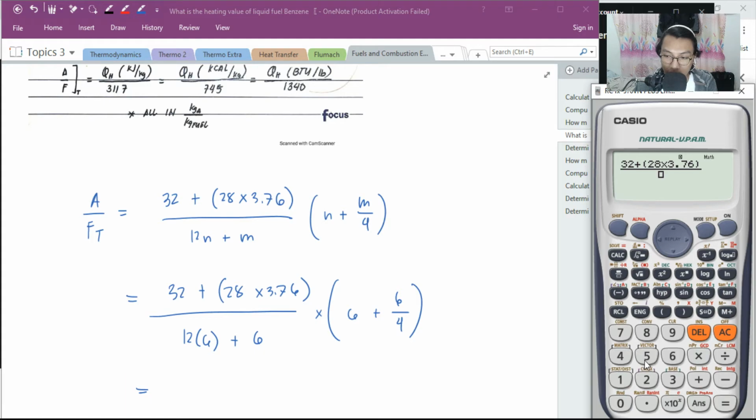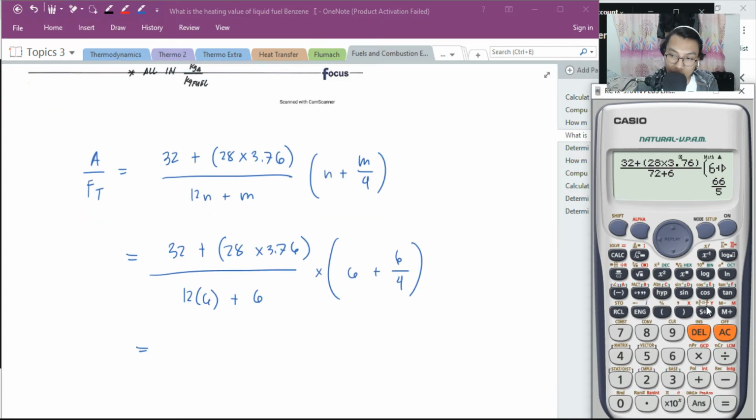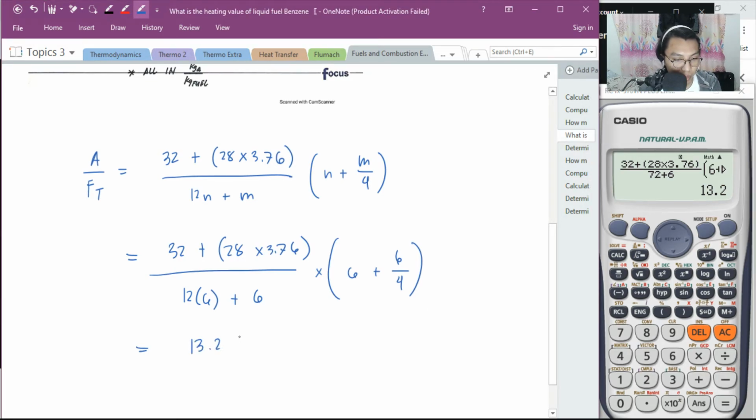I think that is 72, plus 6, multiplied to 6 plus 6 divided by 4. Ang air fuel ratio natin, theoretical, is 66 over 5, 13.2. 13.2 kilogram air per kilogram fuel.